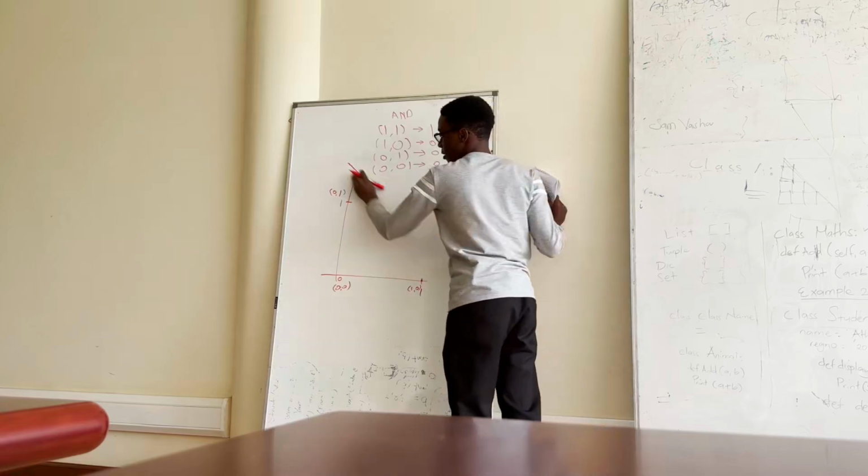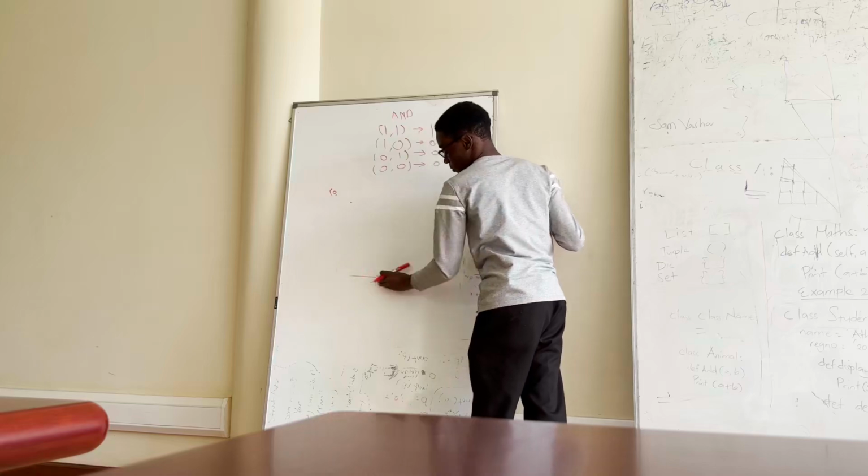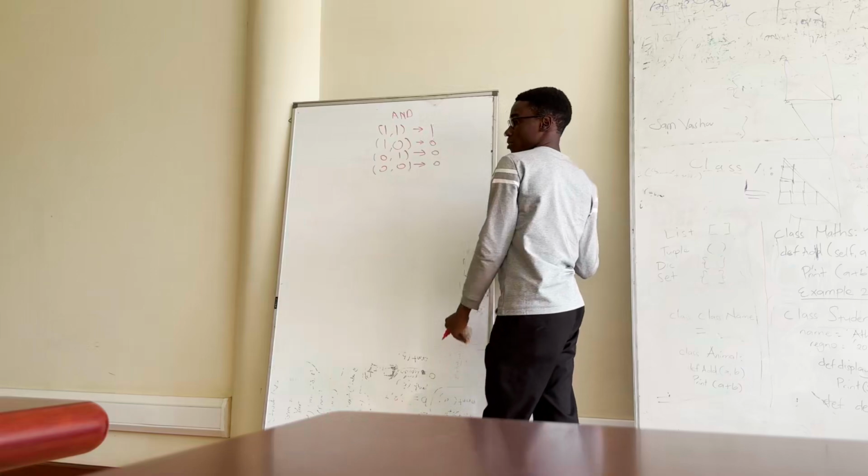So multi-layered neural networks are the ones that handle functions that are not linearly separable.